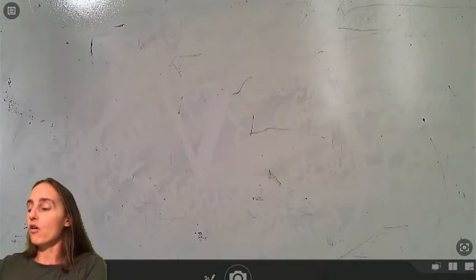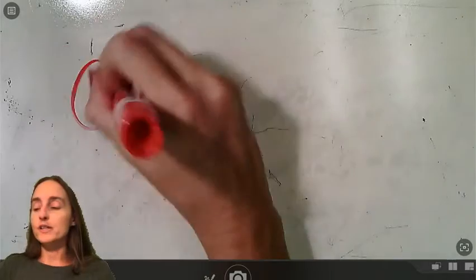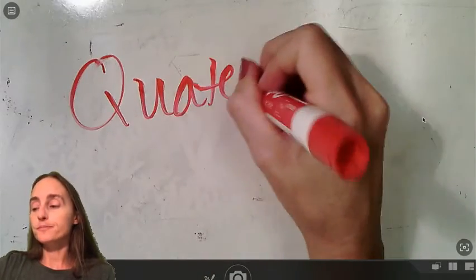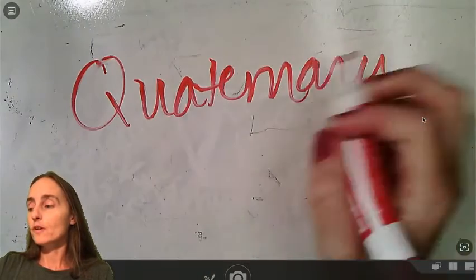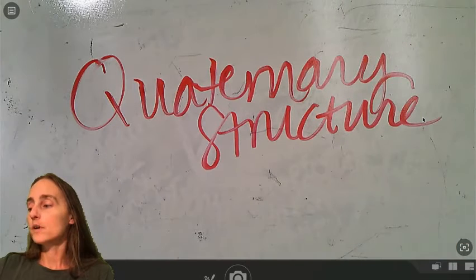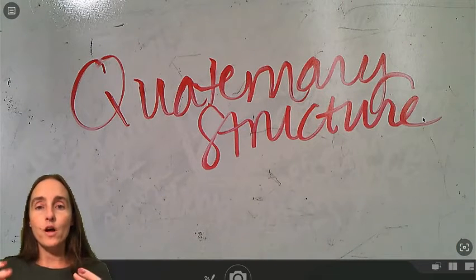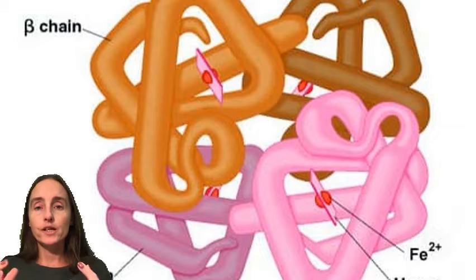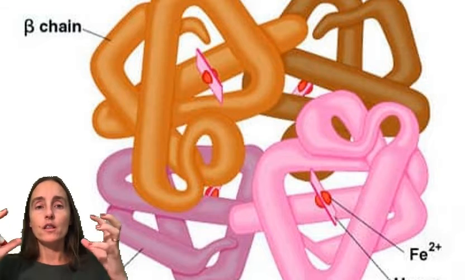Okay. Quaternary structure, you're not going to see quaternary in all proteins. Quaternary structure is whenever you have more than one protein that's folded tertiary style locked together.